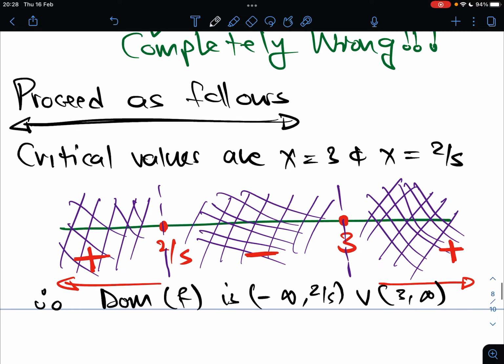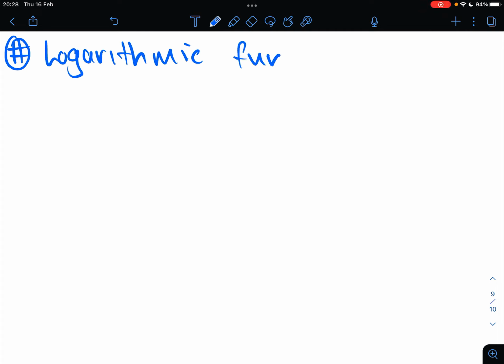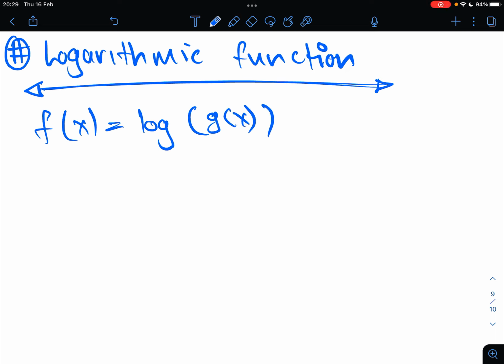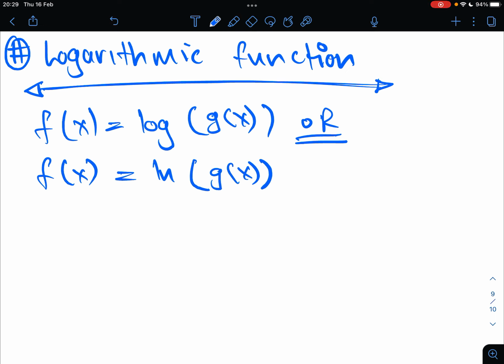You see. Then the next thing that we want to look at is the logarithmic function. A logarithmic function is a function of the form f of x is equal to log of some function g of x, or at times we can write it as f of x is equal to the natural log, which is written ln, of some function g of x.